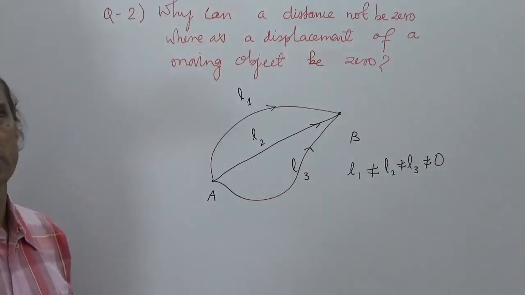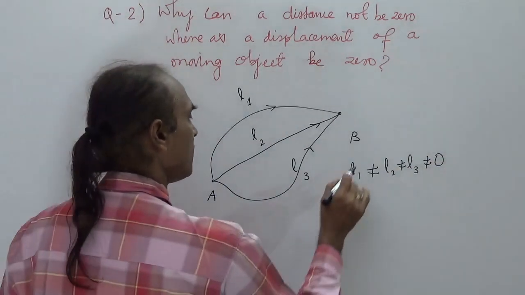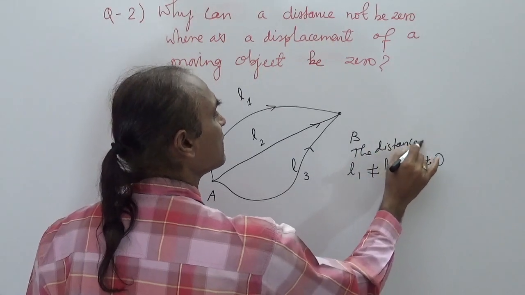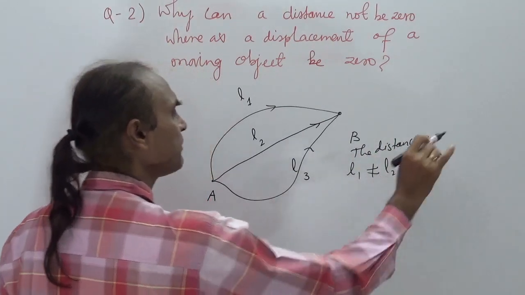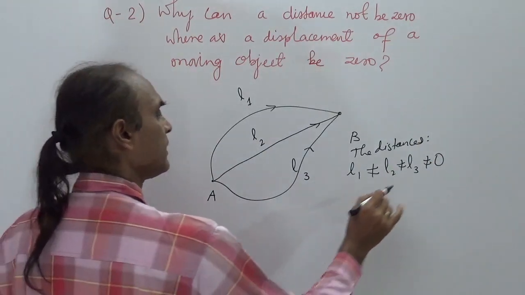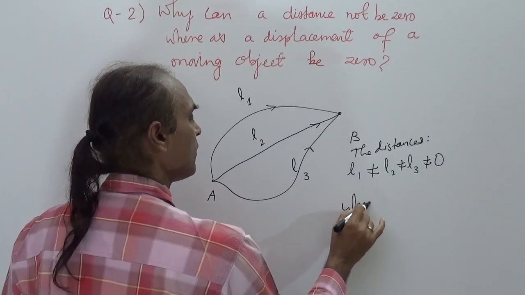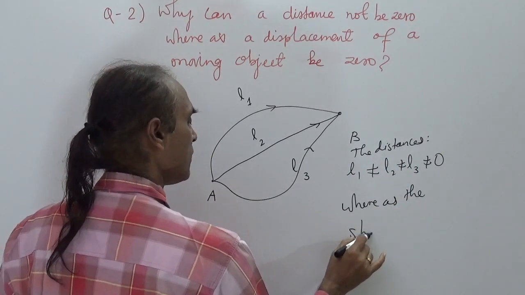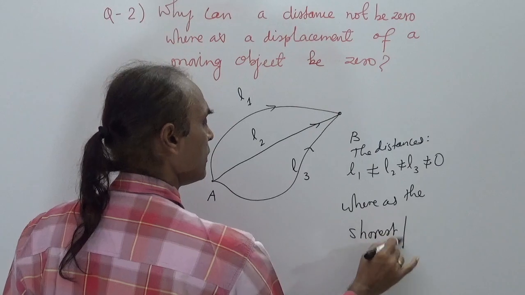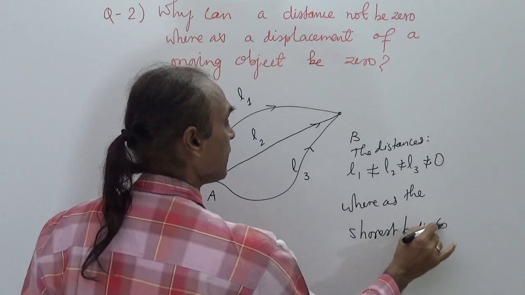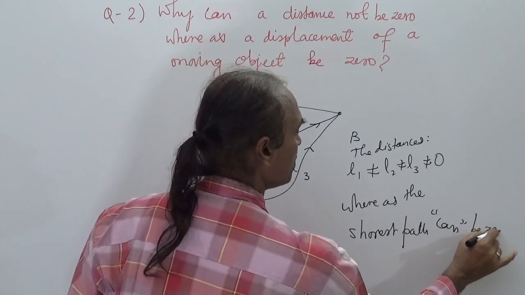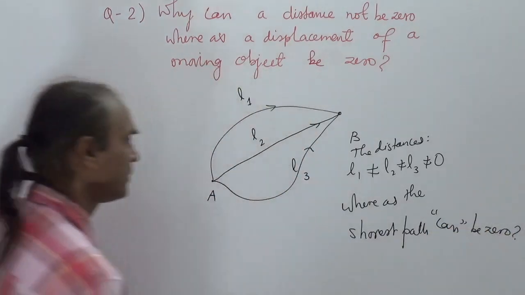How can we say this? The distance, meaning the length of the path covered, cannot be 0, whereas the shortest path can be 0. How?